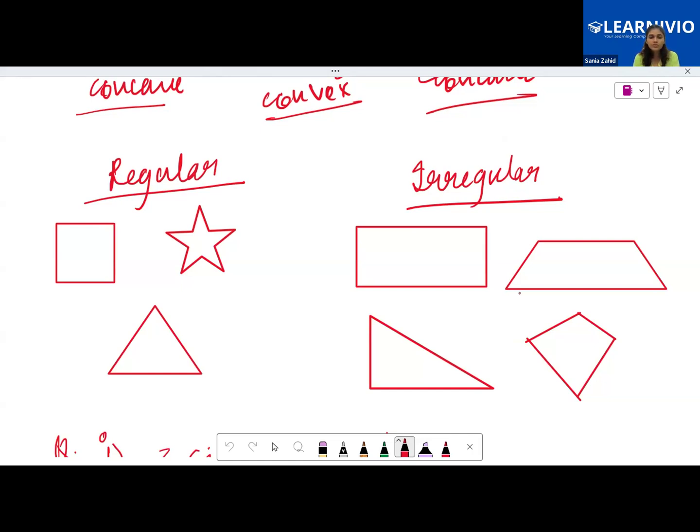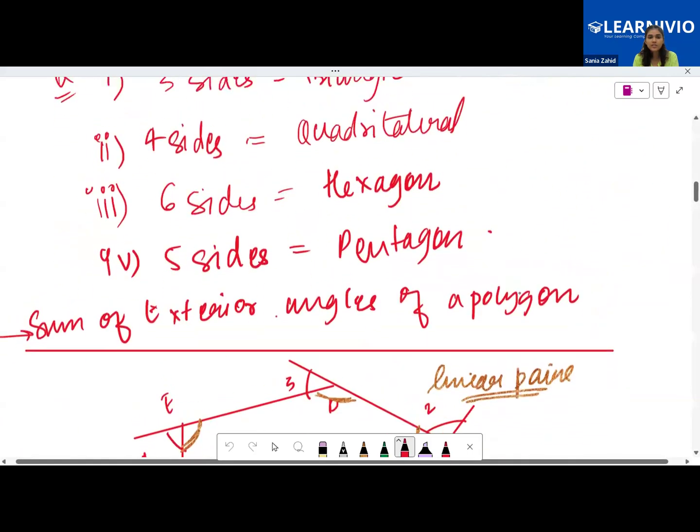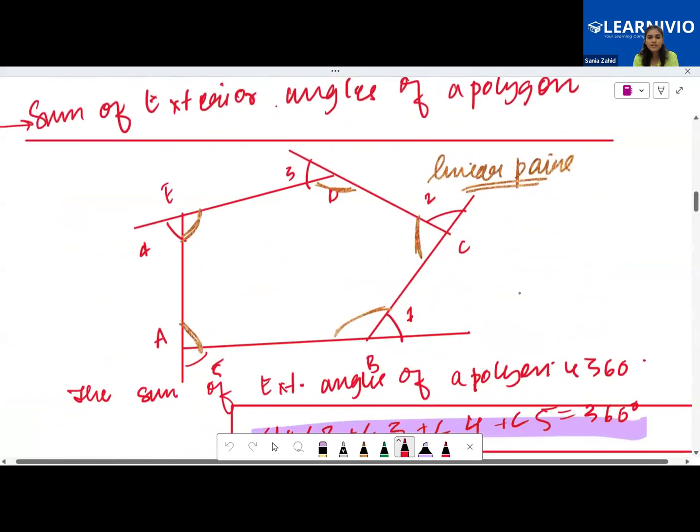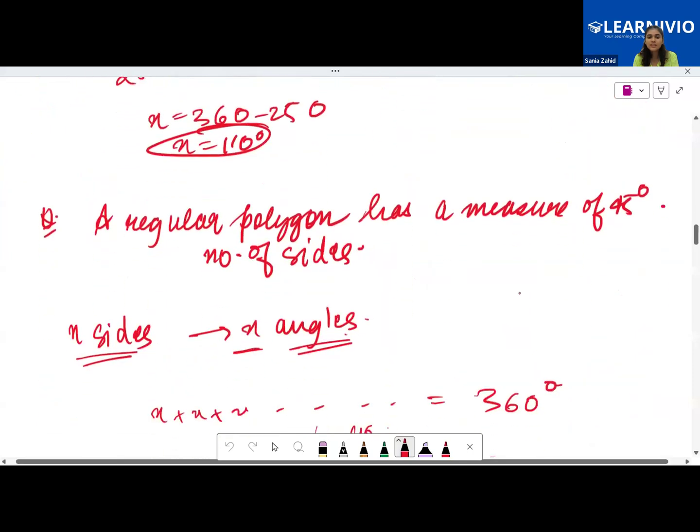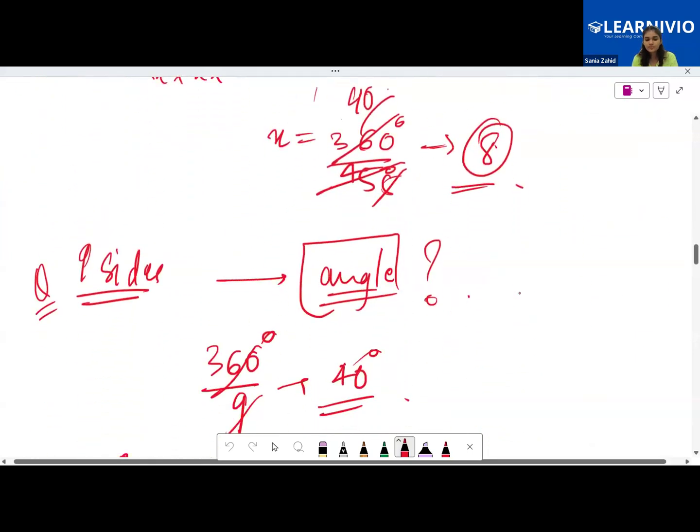Now we move ahead and we did various questions. We studied the size. What was the exterior and interior angle property? Ma'am, the sum of exterior angles of a polygon is 360 degrees. The sum of interior and exterior angle is 180 degrees.